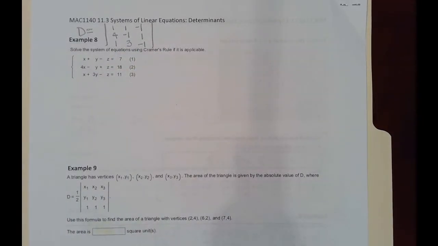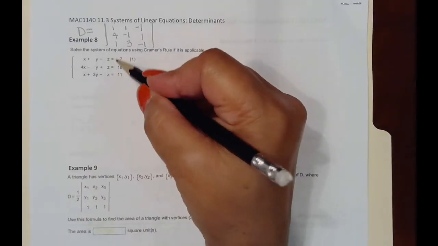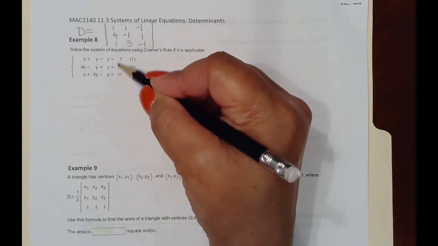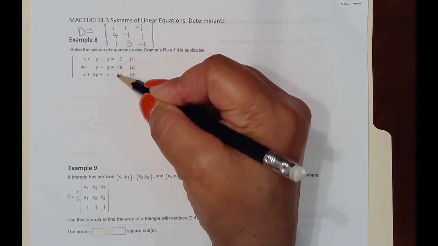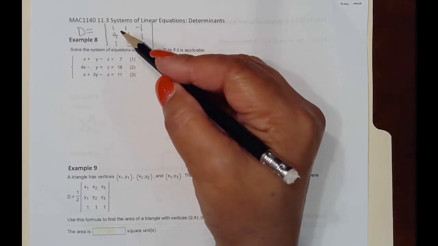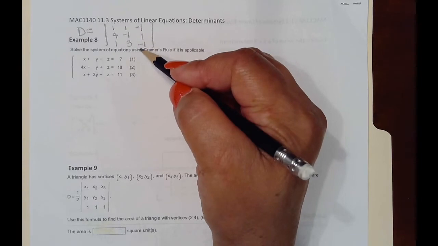And then you have to expand that determinant. Once you get the main determinant, just the coefficients go into the determinant. However, if you're going to move on to use Cramer's rule, then you drag these constants that are on the right side of the equal sign. They replace at one point the x column, then the y column, then the z column.